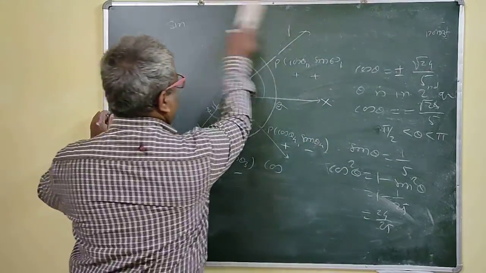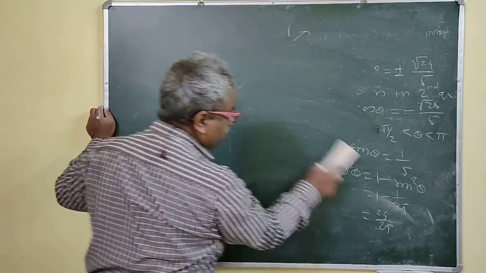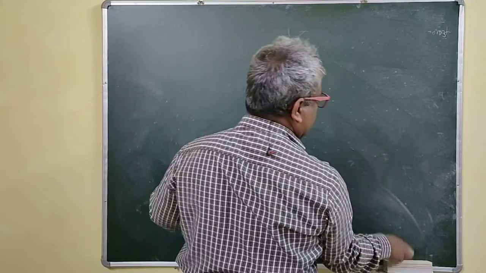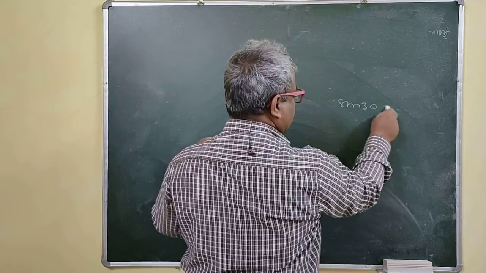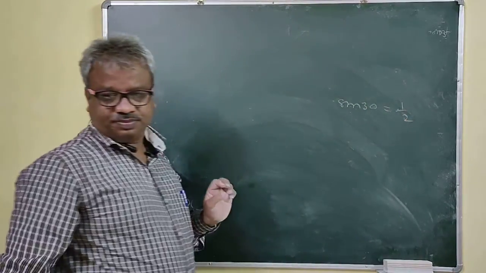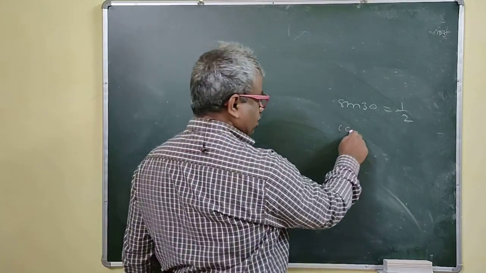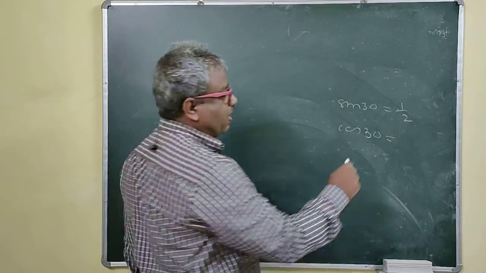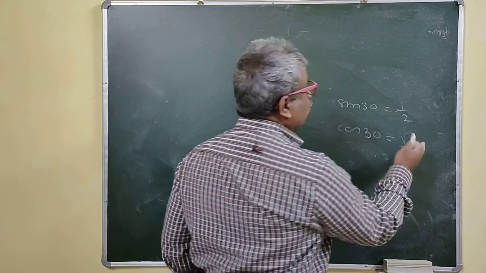Now we find some trigonometric ratios. You know that sine 30 is equal to 1/2, and cos 30 is equal to root 3 by 2. You are familiar with this, but you don't know how you get the value.